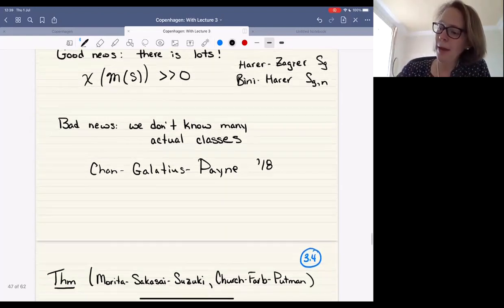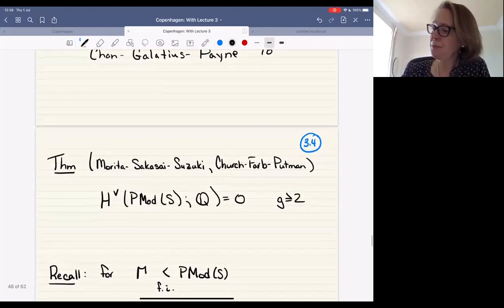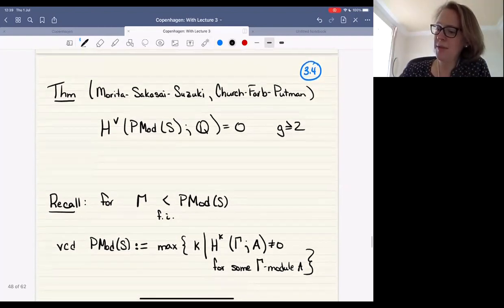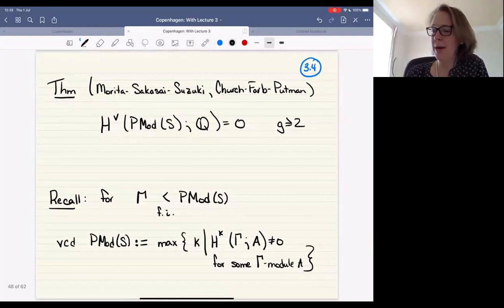So we've seen this result quoted a bit. The first thing you might try would be to look in the top dimension with rational coefficients, right? Because what else are you going to do first?